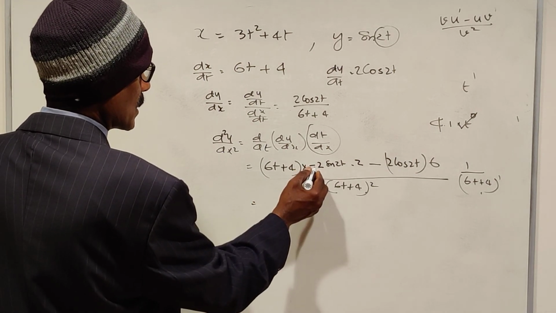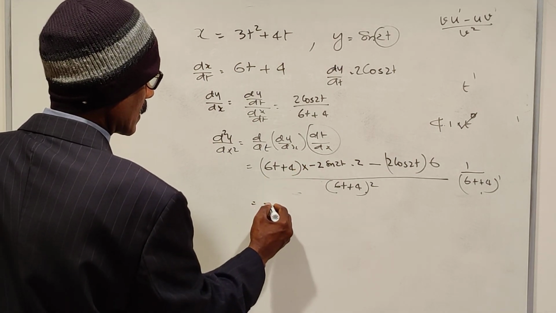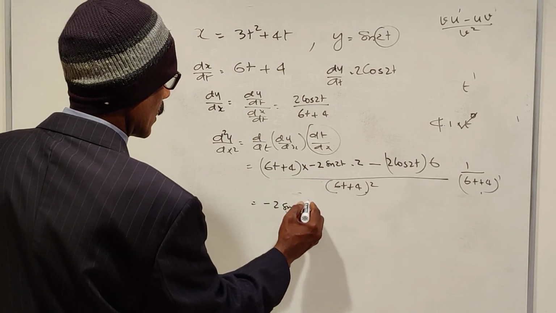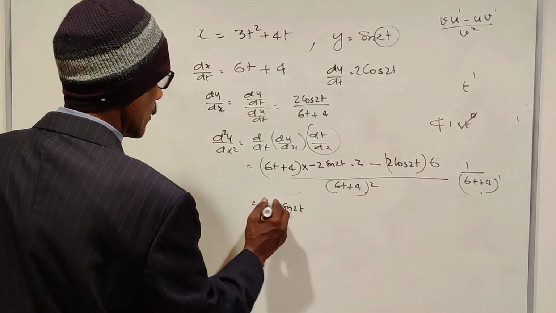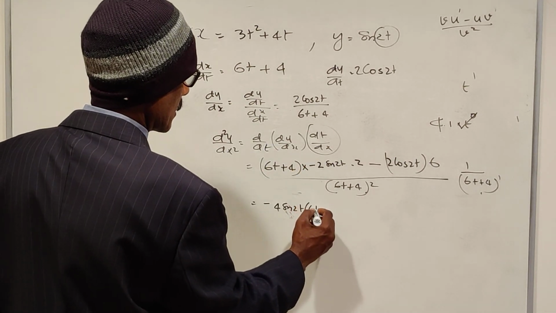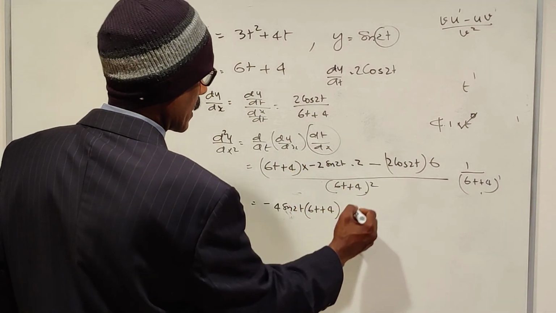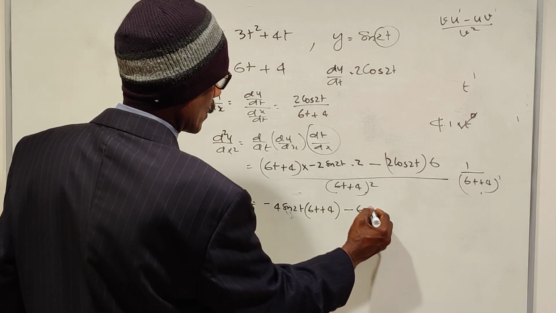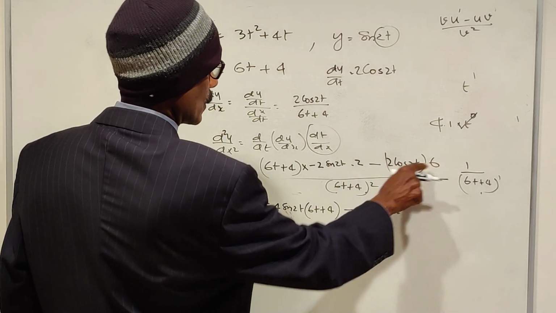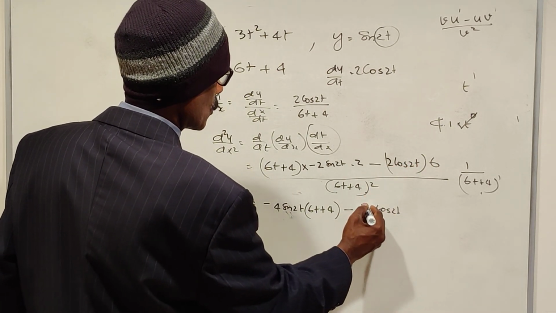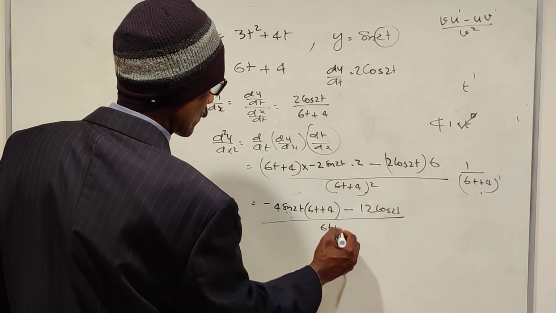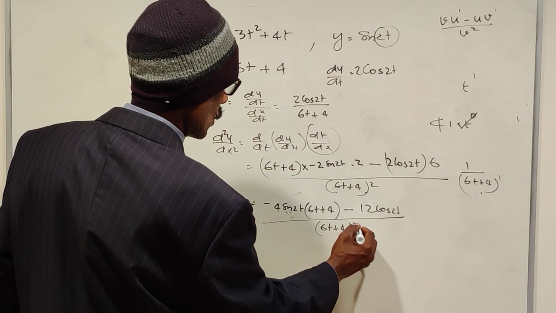So I am going to write minus first, minus 2 sine 2t, minus 2 into 2, minus 4, okay, minus 4 sine 2t, bracket 6t plus 4, then minus 6 into 2 cos 2t, 6 into 2, 12, I am going to write 12 cos 2t divided by 6t plus 4 the whole cube.